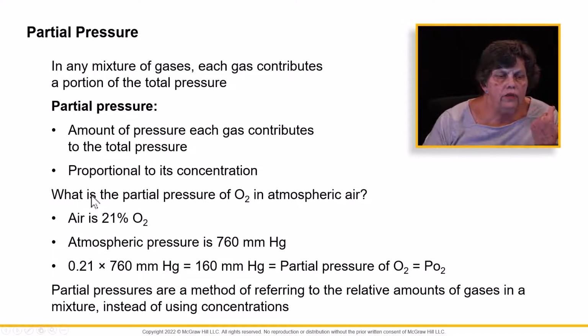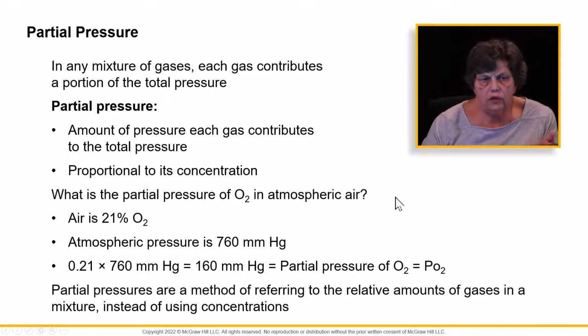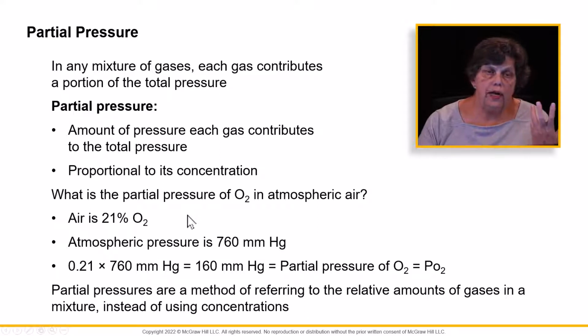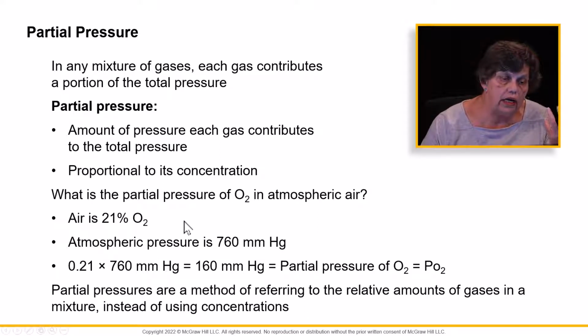Okay, so if we look at the partial pressure of oxygen, hopefully you guys know this, nitrogen 79%, oxygen 21%. So oxygen is about 21% of our air.